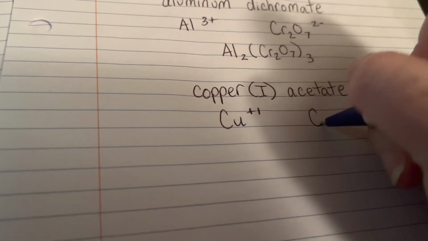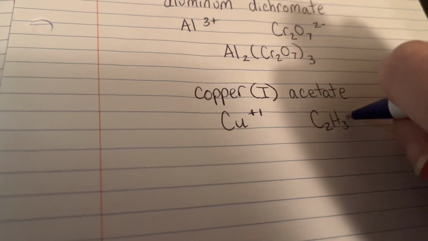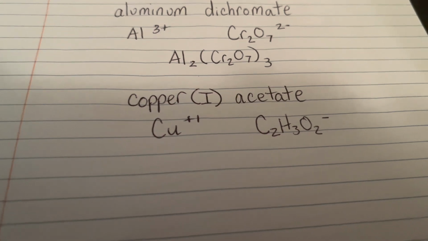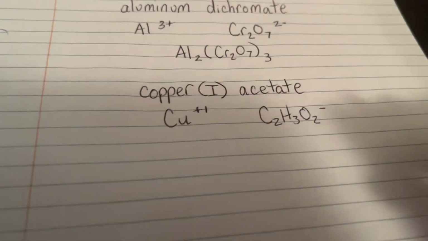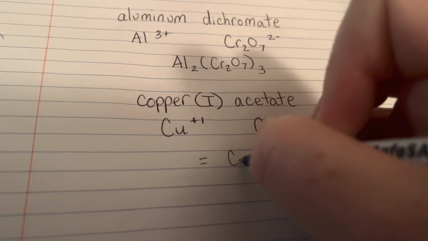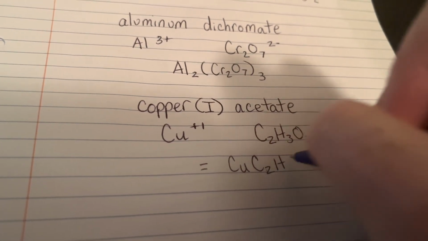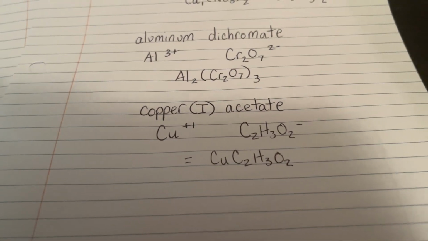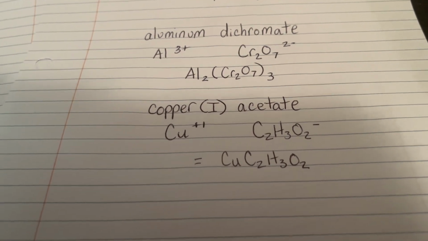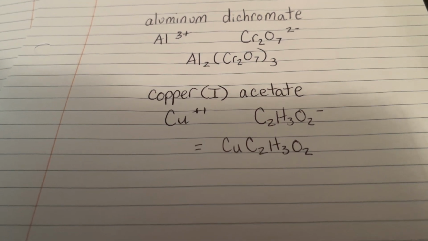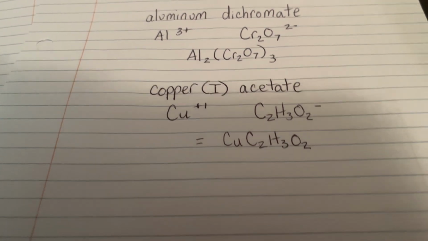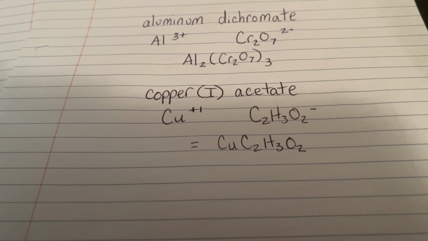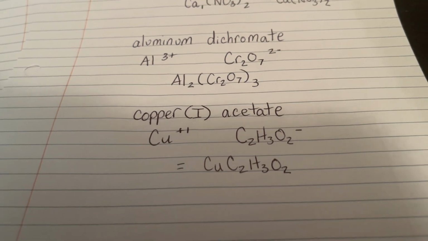Then you've got your acetate. Okay, you drop your charges and you switch your subscripts. They're both 1 in this case. Okay, I don't have to have parentheses in this formula because there's only 1 acetate ion. If there was more than 1 acetate ion, I would need to have the parentheses, but since there's only 1, I don't. Okay, hopefully you guys followed that.